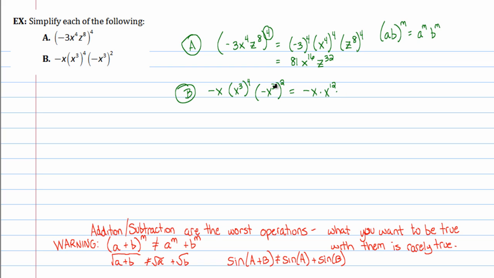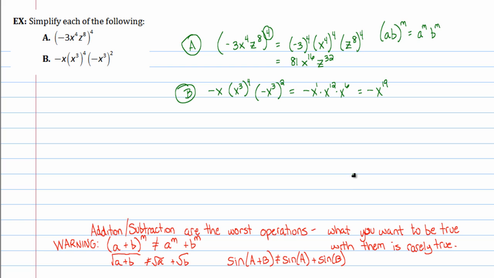And negative x cubed to the 2nd, well, a negative number being squared becomes positive, and x cubed to the 2nd is x to the 6th. Now we have a negative times all these positive numbers, so that's negative. That's x to the 1st. So what do we have? 12 plus 6 plus 1, that's x to the 19th.